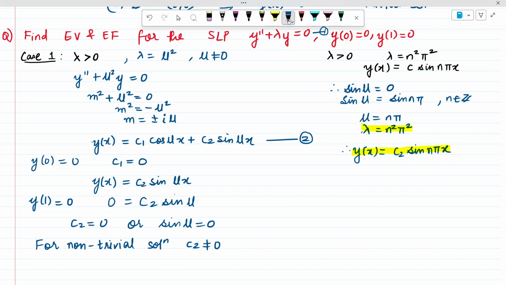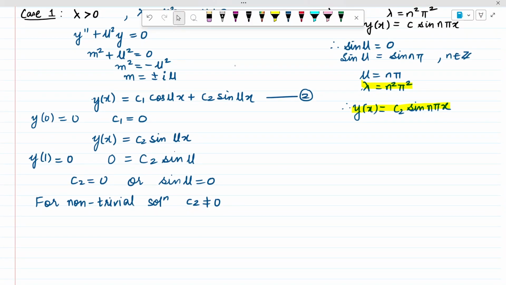And I believe if you go for lambda equal to 0 and lambda less than 0, you're not getting any eigenvalues or eigenfunctions there. Is that correct? Did others check case 2 and 3 also? These are the eigenvalues. And these are the eigenfunctions.